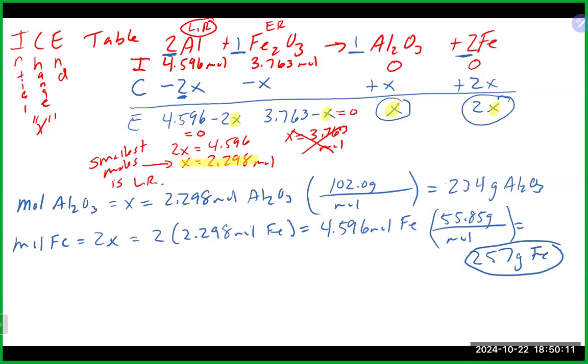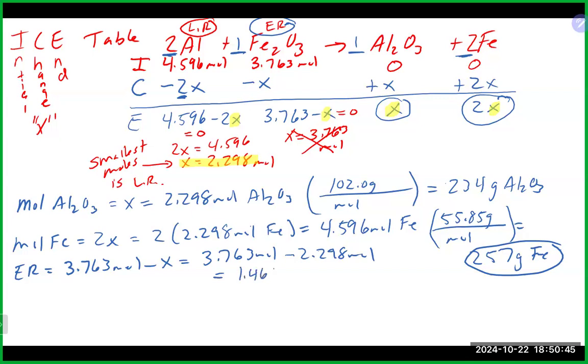which would be the theoretical yield of my iron. And lastly, the question that you're sometimes asked, which is how much of your excess reagent is left over? I know my excess reagent at equilibrium is equal to 3.763 moles minus x, which means 3.763 moles minus my x value of 2.298 moles gives me 1.465 moles of my iron 3 oxide left over.